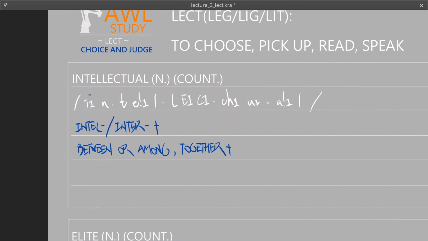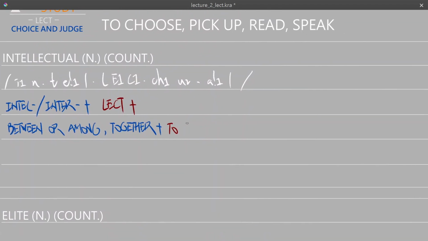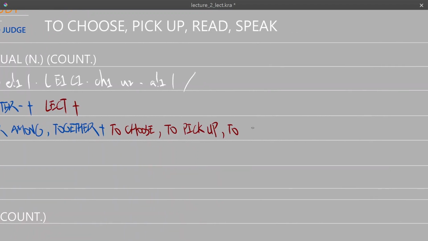And we have the root LEG, meaning to choose, to pick up something, to read, or to speak.